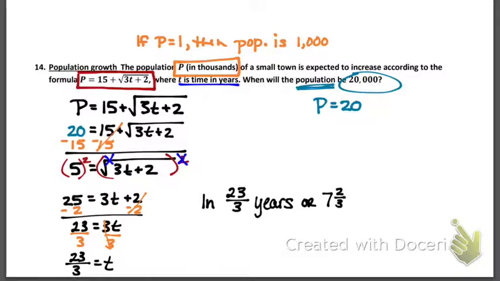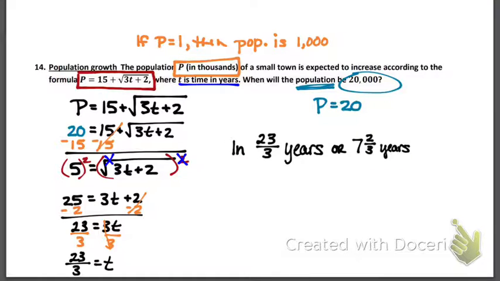So in 7 2/3 years, or I can even think of another way of describing that. 2/3 of a year, 8 months. So, or we could say 7 years, 8 months.